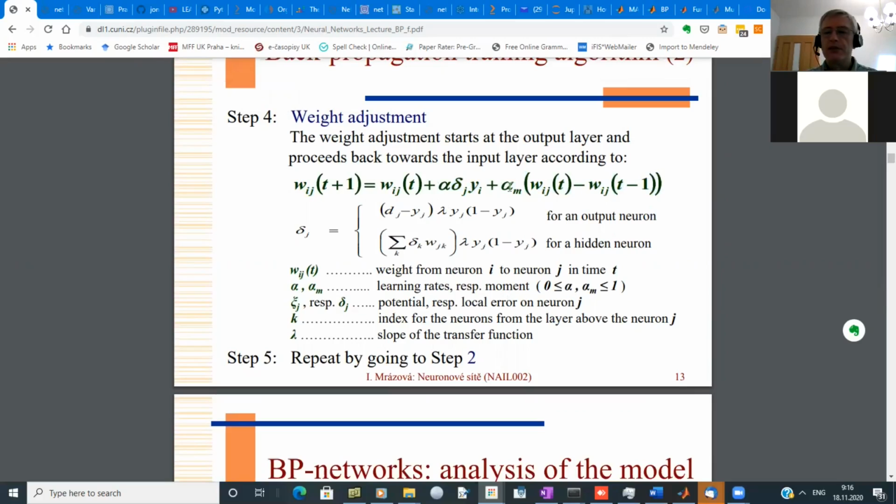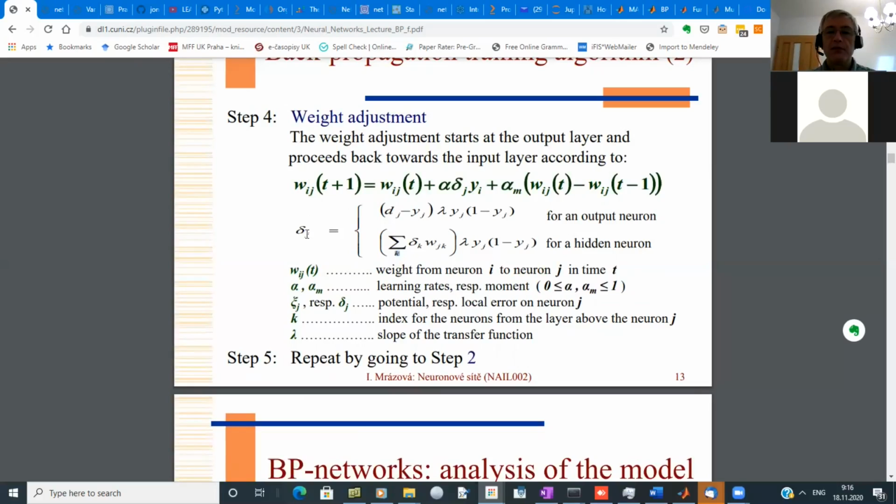This formula is general for the whole network, but you must be aware that i indexes neurons in one layer, and j indexes neurons in one layer above. And for computing delta sub j, we will also need neurons from an even higher layer, which is indexed by k here.